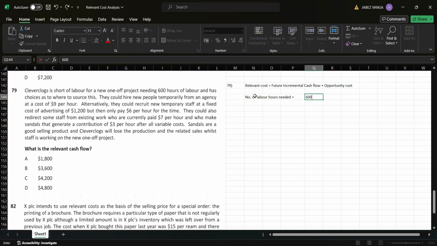Now, let's keep mentioning what the alternatives are. Alternative one says that they could hire new people temporarily from an agency. Hire from an agency.